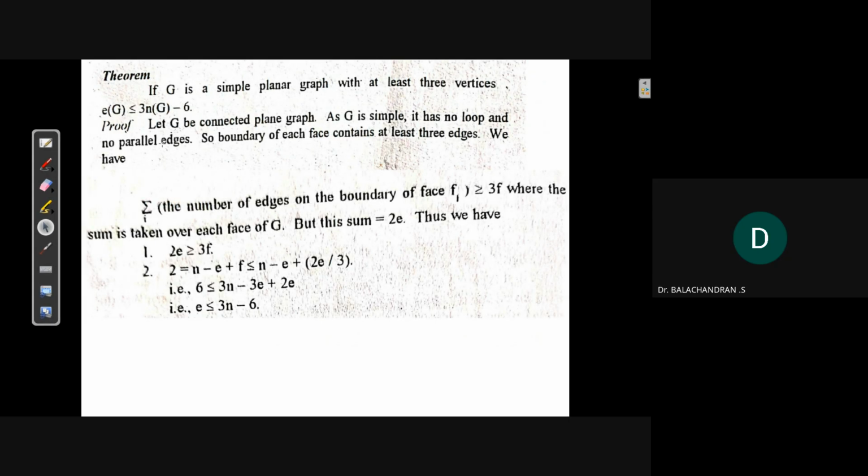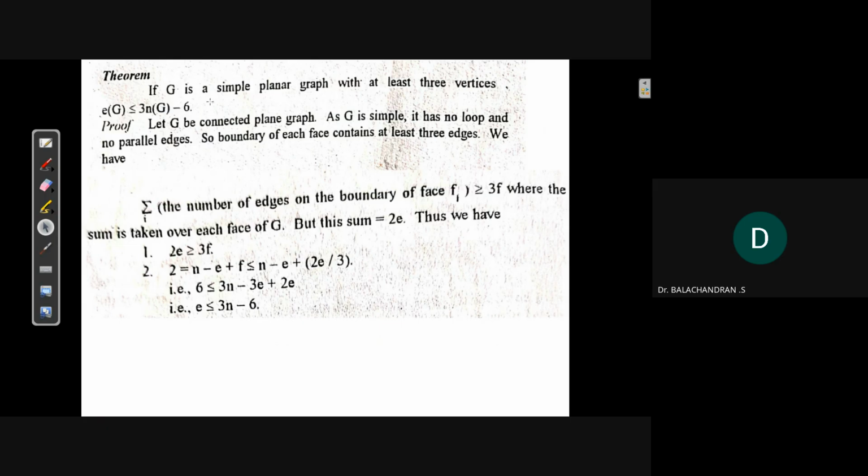Next result. If G is a simple planar graph with at least 3 vertices, then E of G, or M of G, you can use for edges, the number of edges, is less than or equal to 3 times the number of vertices in G minus 6.